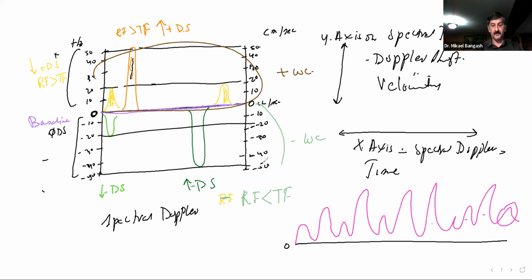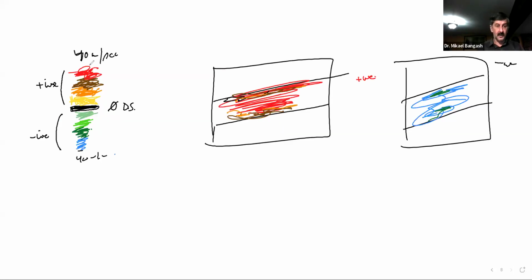This maximum value or this maximum value here could be increased by increasing the PRF, something we'll talk more about when we get to aliasing.